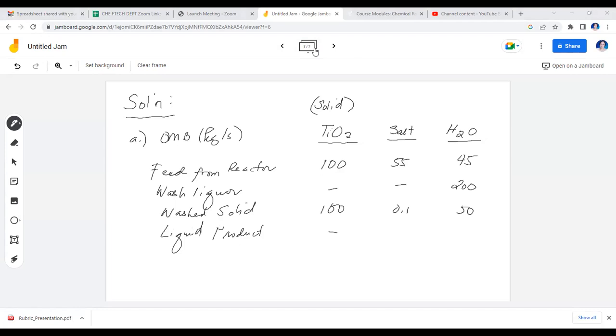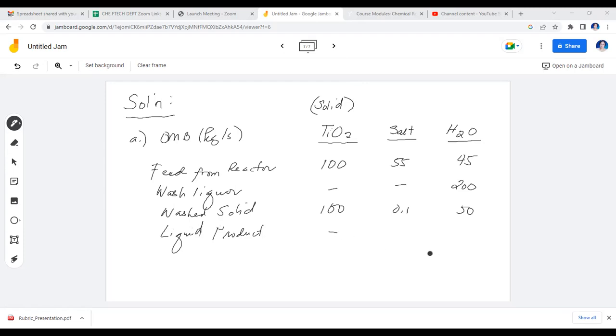What is the simplest mass balance here? Same as in sample problem number 3.